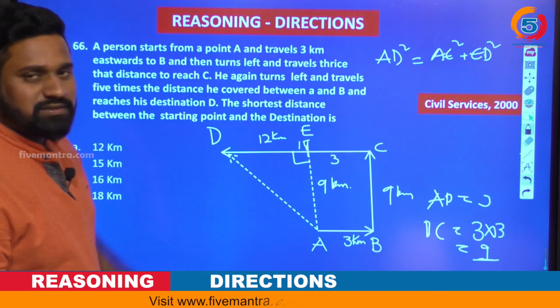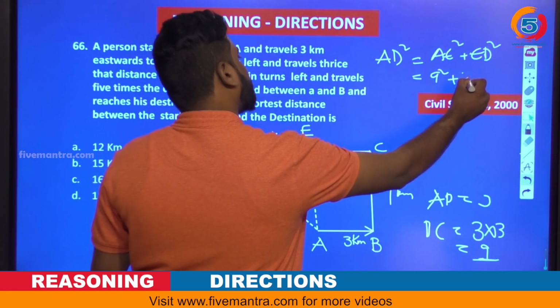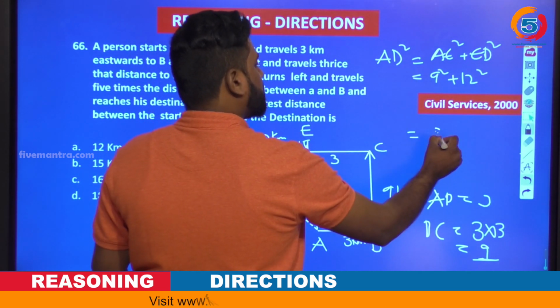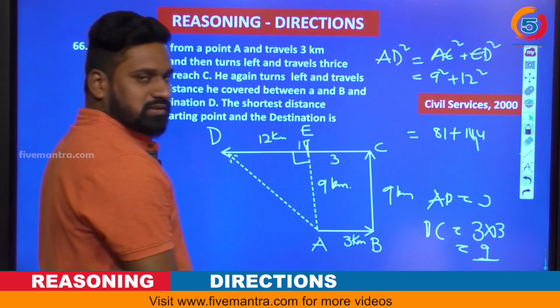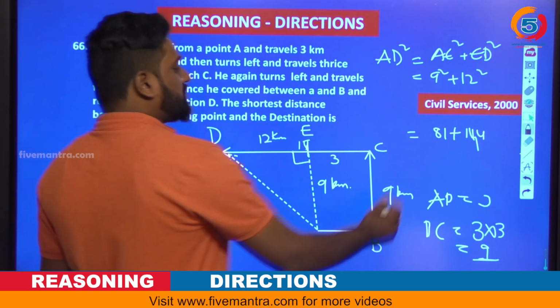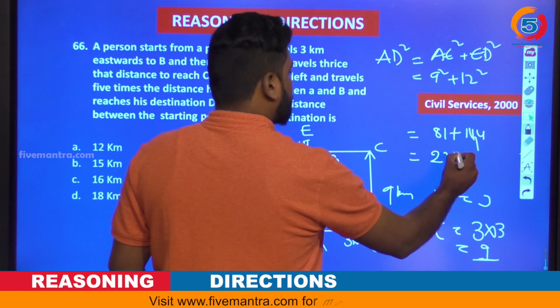So 9 square plus 12 square. 9 square is 81, 12 square is 144. If you add this, you get 225.